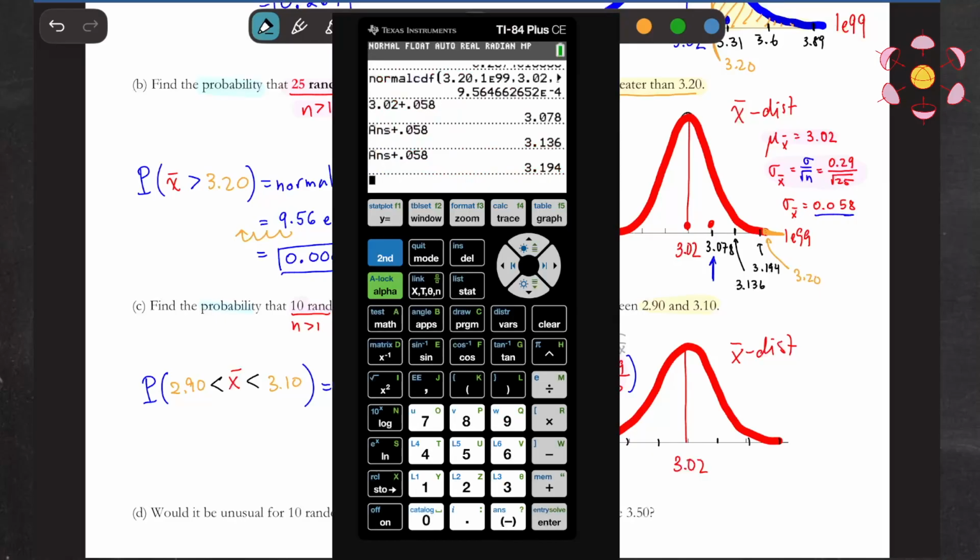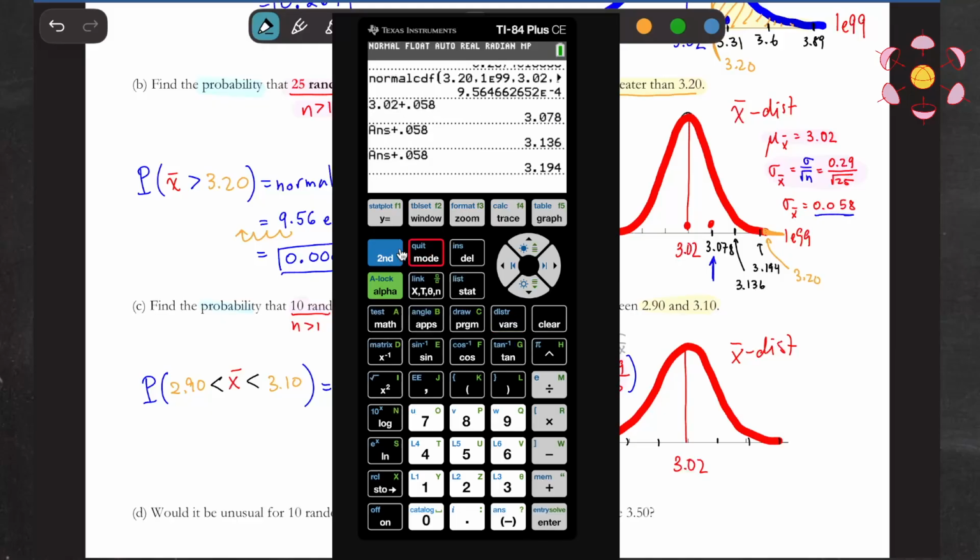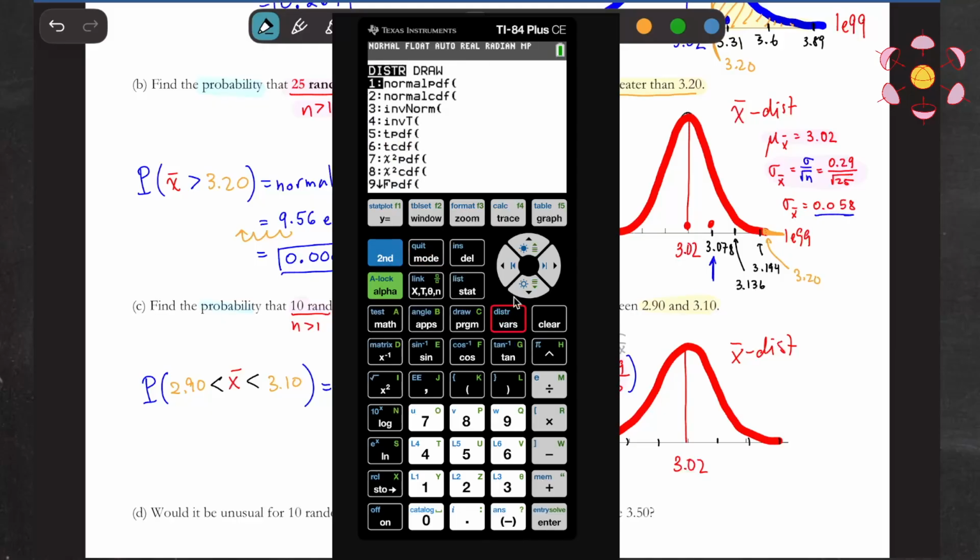Okay, let's do the calculation first. So second bars, there we go. Normal CDF, lower value 2.90, upper value 3.10. The mean stays the same.